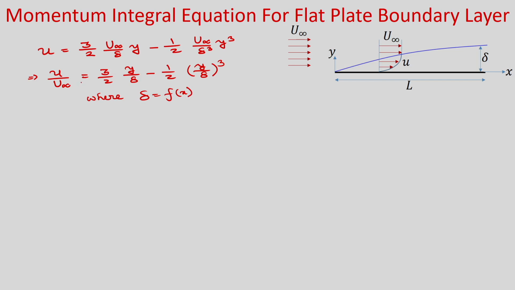Okay. So, you can see that the velocity profile now we have expressed in terms of one unknown parameter, that is delta. Now, we need to find the value of delta. So, next we will put this assumed velocity profile, which we have expressed in terms of one unknown parameter, in the momentum integral equation, okay, and then we will find this unknown parameter delta.